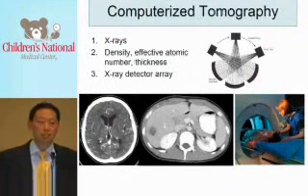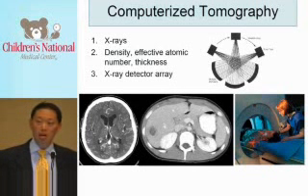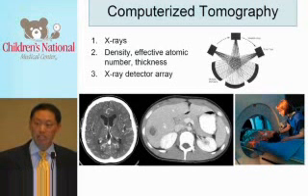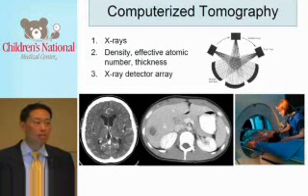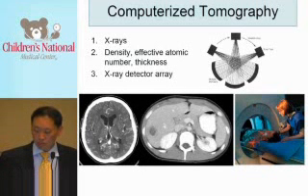Okay, computerized tomography. X-rays again. The probe is X-rays or gamma rays. The property of the tissues is again density, atomic number, and thickness, but unlike the prior systems we described, it takes tomographic or slice-like images. The X-ray source flashes through the body and is picked up by a series of detector arrays.